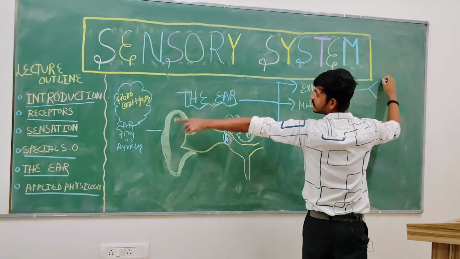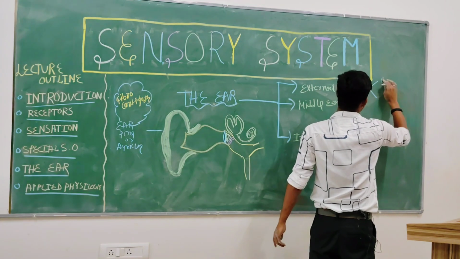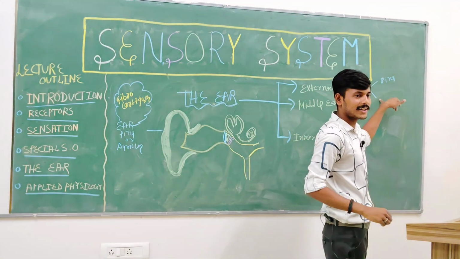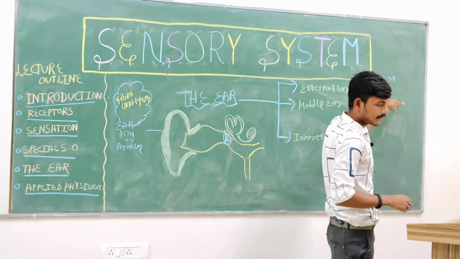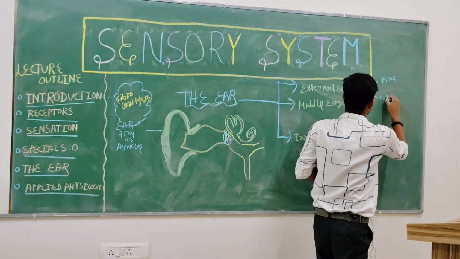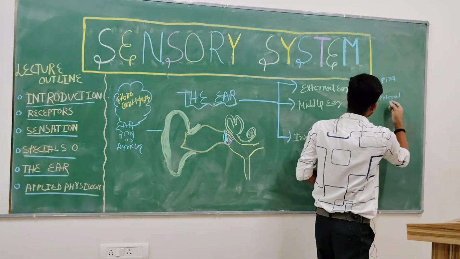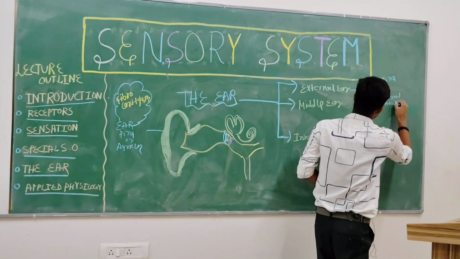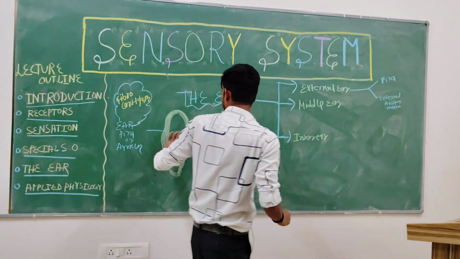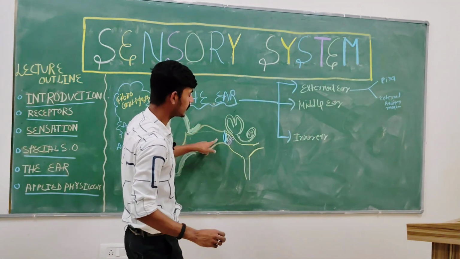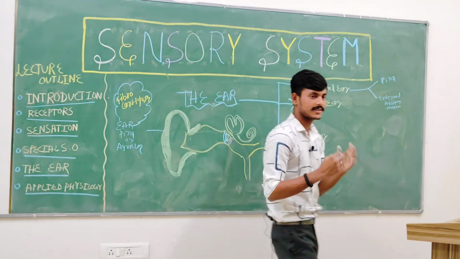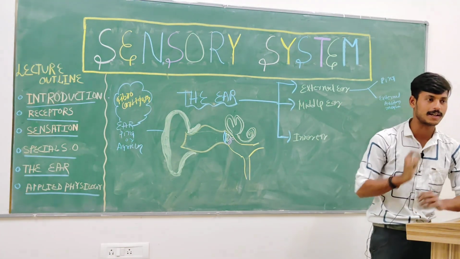We discussed the ear pinna, and the external acoustic canal, also called the external auditory meatus. The external auditory meatus possesses sebaceous glands and ceruminous glands.